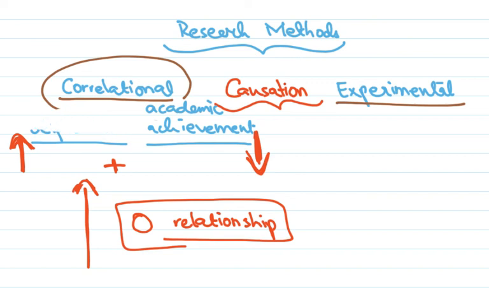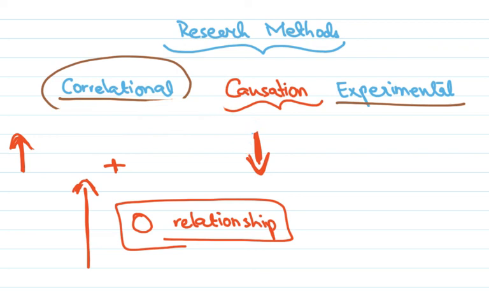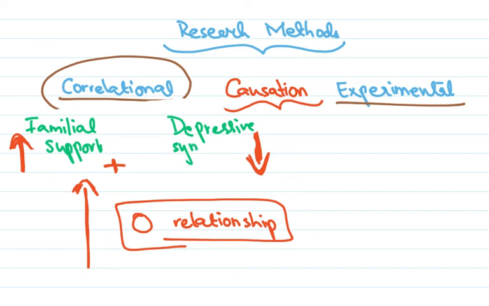Let's consider other variables. Let's suppose we have familial support, the support that you get from your family, and depressive symptoms in children or adolescents.